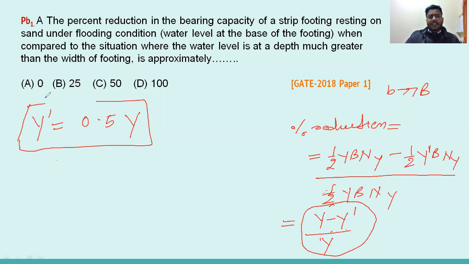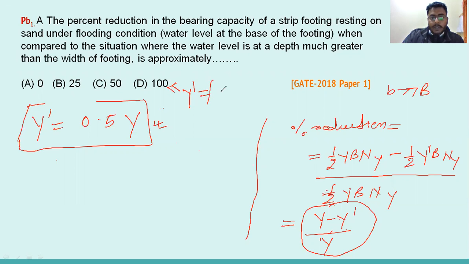Suppose we are not accepting this. See the options: if gamma submerged is 0, then this percentage will become 100, so it would be a 100% reduction.